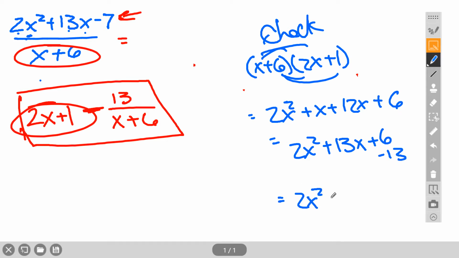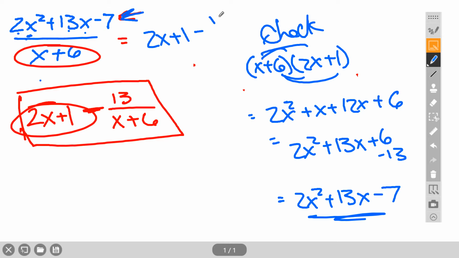That gives us 2x squared plus 13x minus 7, which is indeed the dividend. So we can know for certain that 2x squared plus 13x minus 7 divided by x plus 6 is 2x plus 1 minus 13 over x plus 6. We know for a fact that that is correct. All right, so that's essentially how we do long division here.